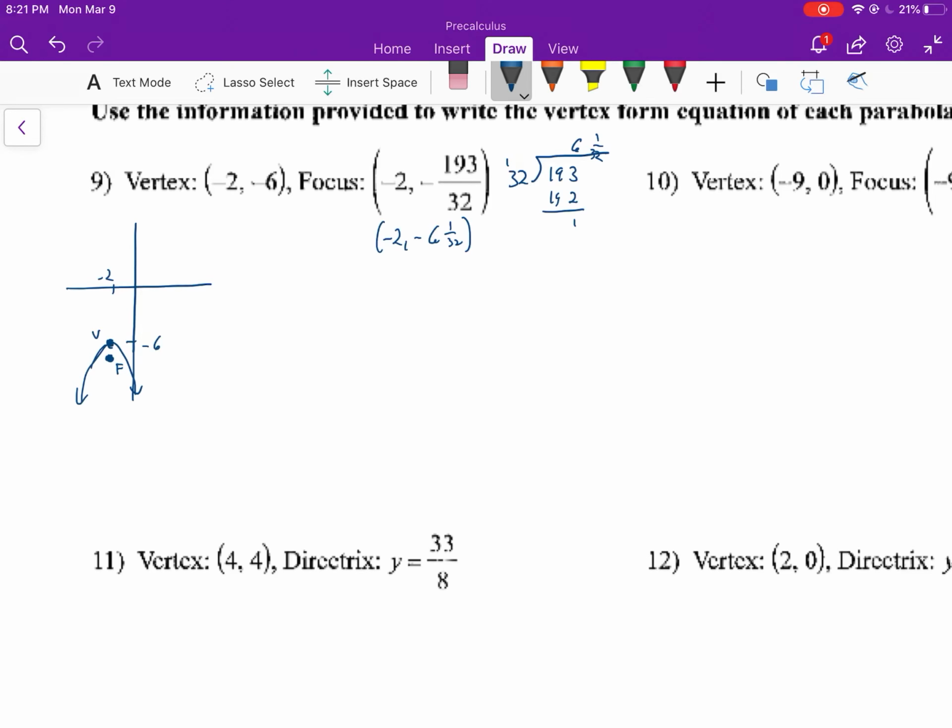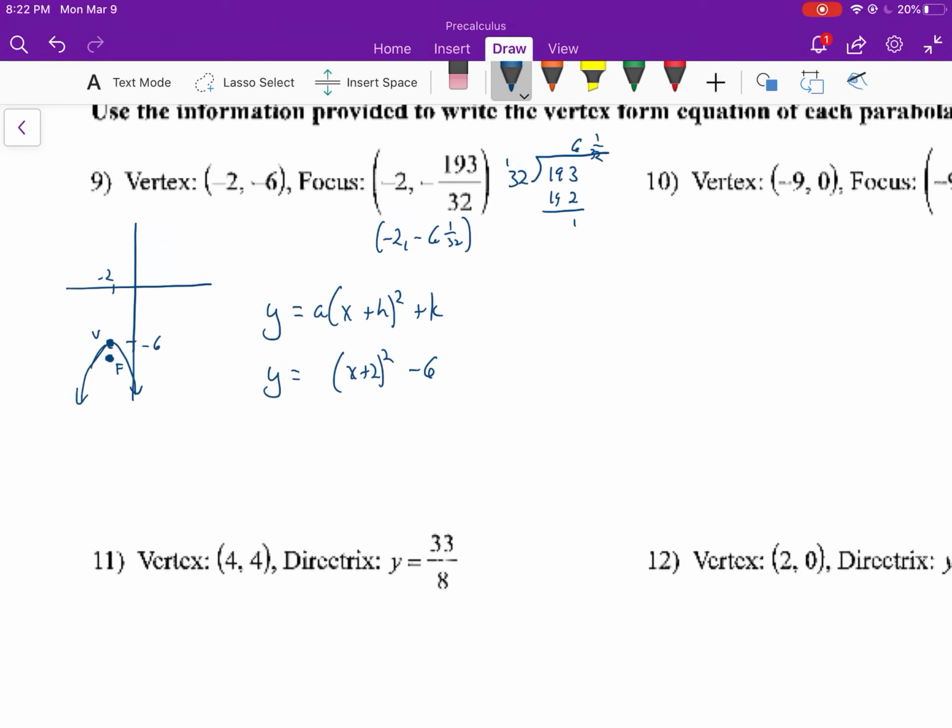Well, it's a vertical facing parabola, so we know y equals a(x plus h) squared plus k. h and k have to do with the vertex, so we can fill those in immediately. We know the vertex is at negative 2, negative 6, so this is (x plus 2) squared minus 6.